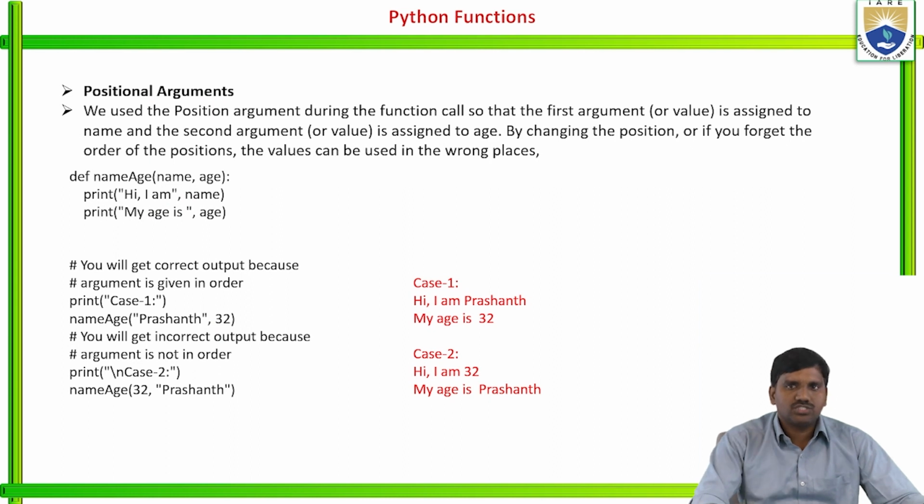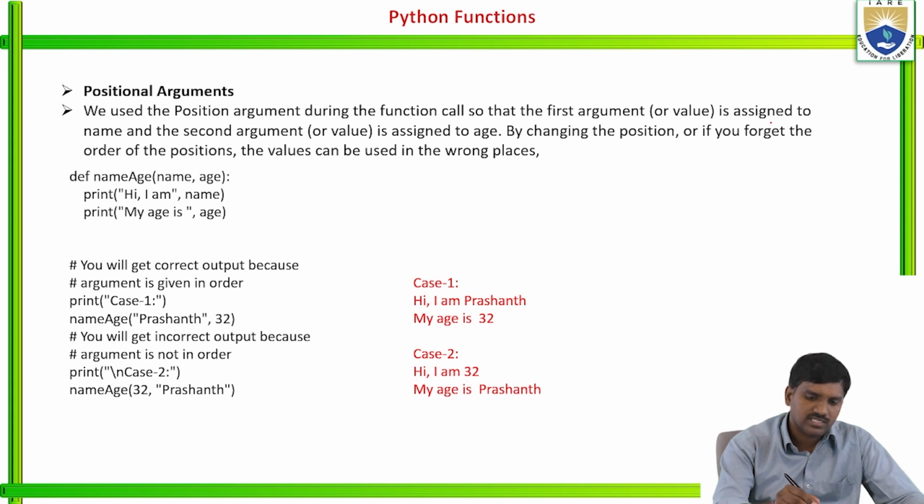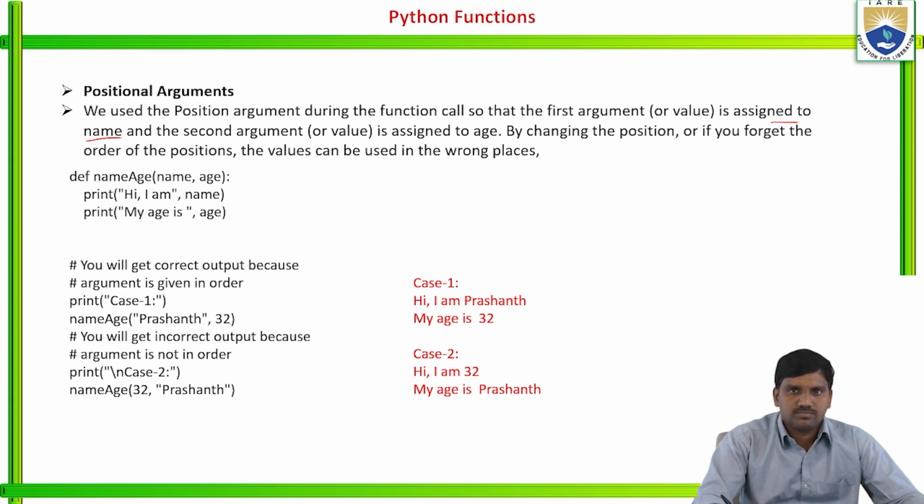Next, the third one, positional arguments. Here the position of the argument during the function call matters, so that the first argument is assigned to name and the second argument is assigned to age.